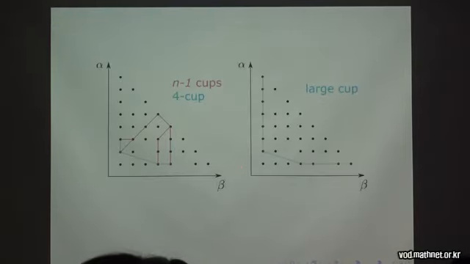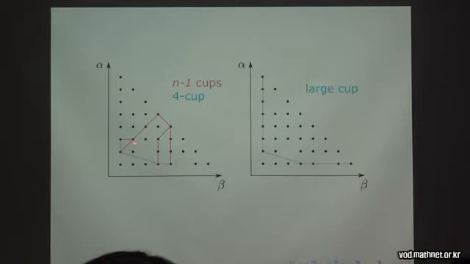So this shows the general scheme of how I would do. So I'm going to make n minus 1 cup here, n minus 1 cup there. So this, I hope it makes sense, is an n minus 1 cup with the values of alpha and beta in the diagram.